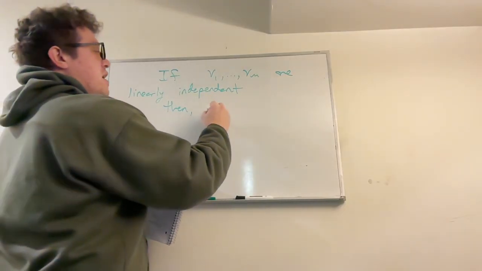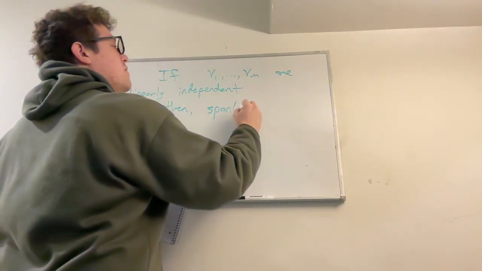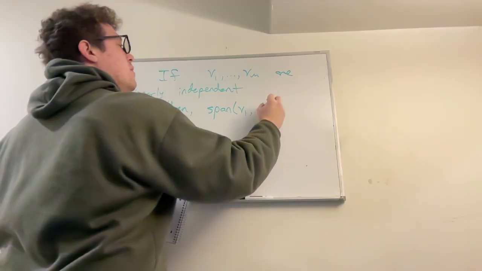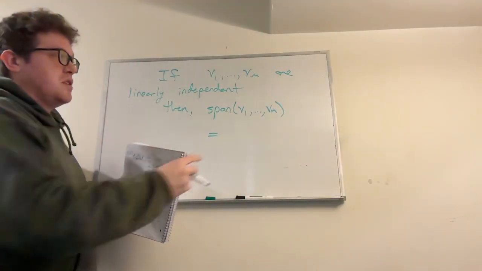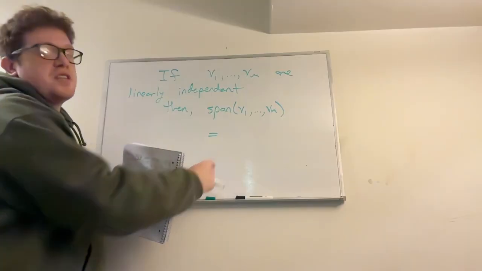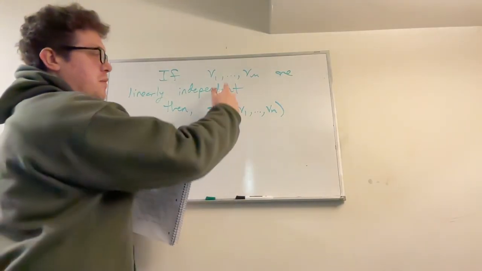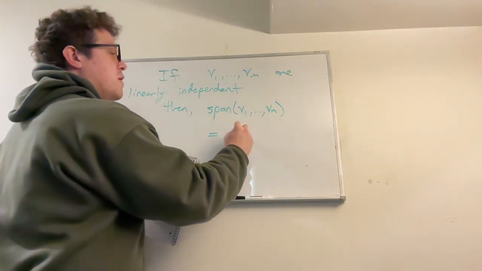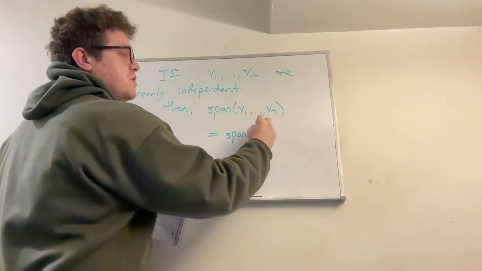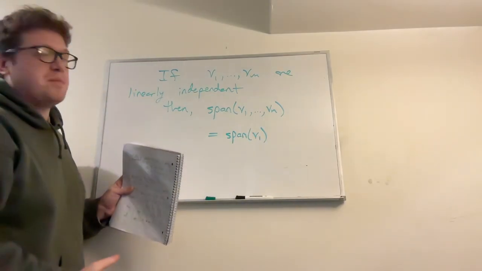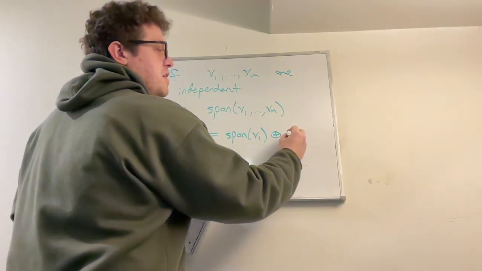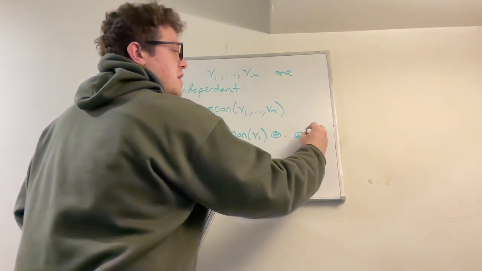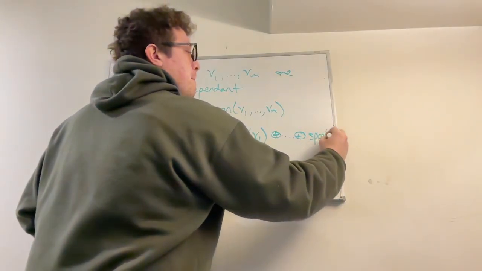Remember the span gives us some subspace, and this statement is saying that it's actually a direct sum: the span of v1, which is a one-dimensional space (I know we haven't talked about dimension yet), direct sum span of v2, direct sum span of vm.